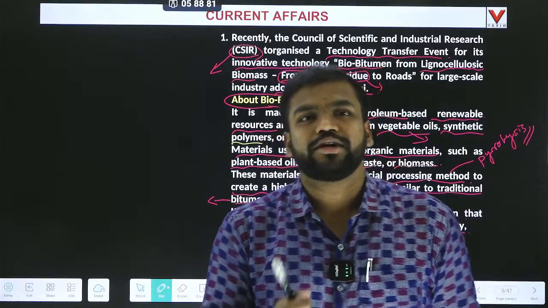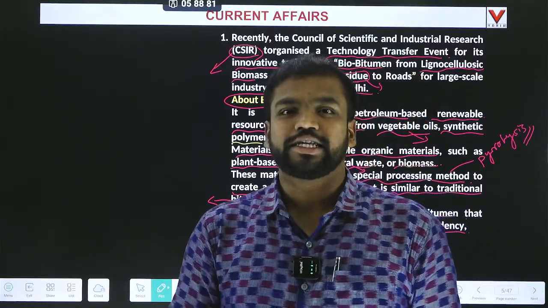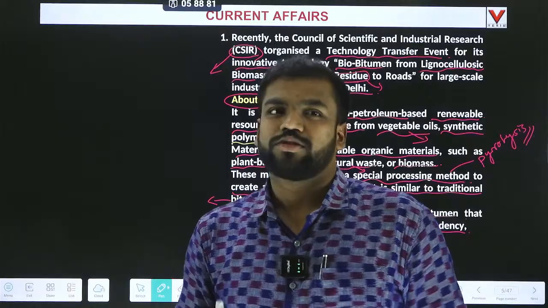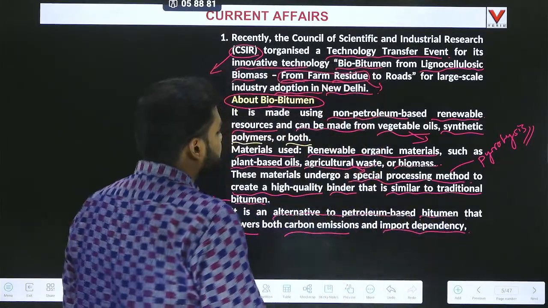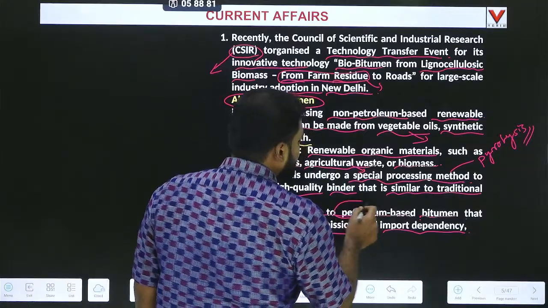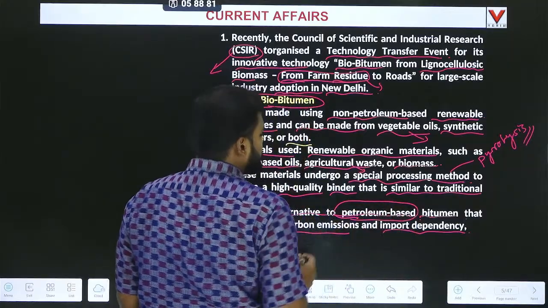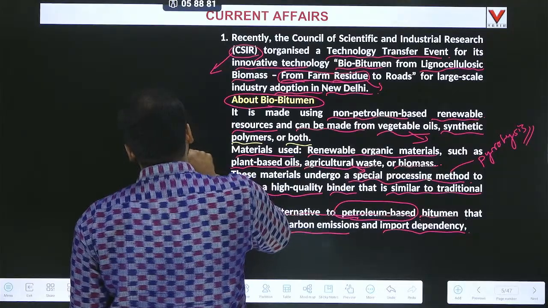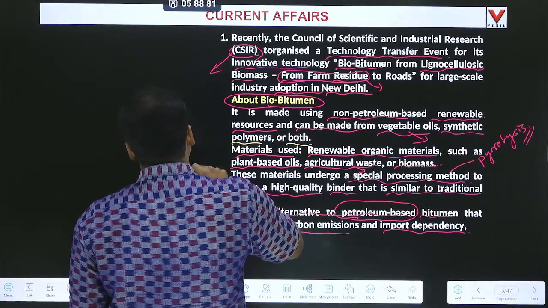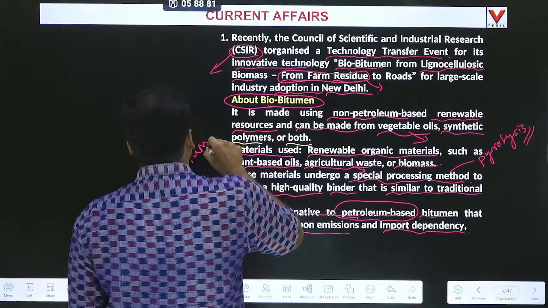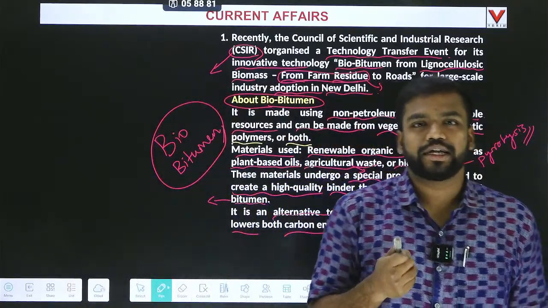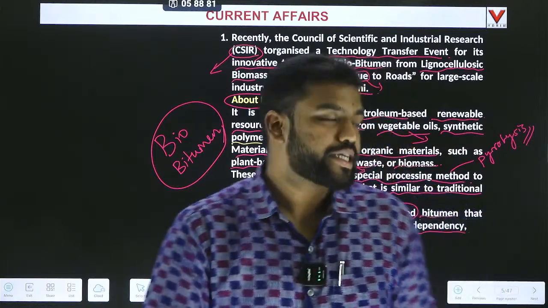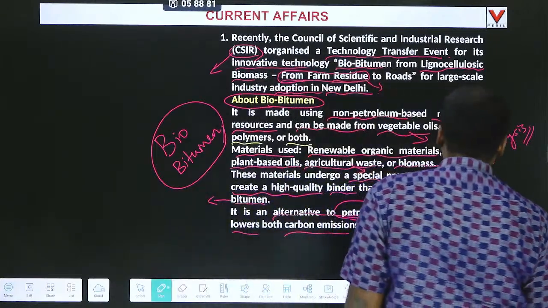As of now, the war escalation doesn't seem to be stopping, so we have to reduce our petroleum dependency in whatever manner possible. That's why biobitumen is an indigenous bitumen. Using biobitumen we can reduce our import dependency, right?